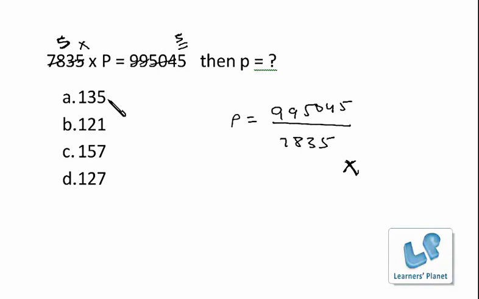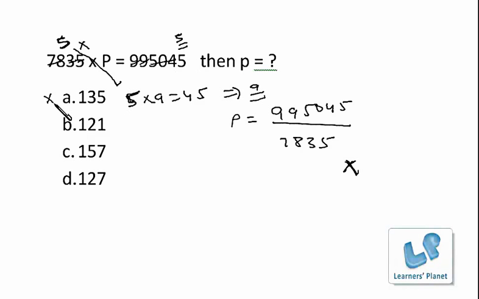So let's take up option 1. It is 135. It's eliminated because the digital sum of this is 9, so 9 into 5 will be 45, so the digital sum of the left hand side will be 4 plus 5, that is 9, and on the right hand side it is 5.